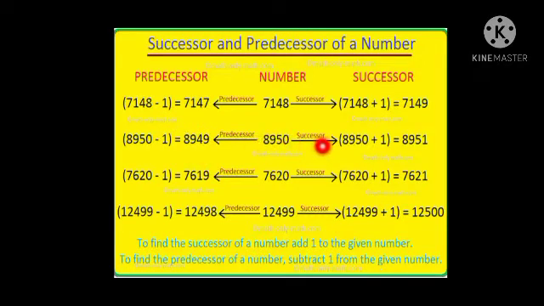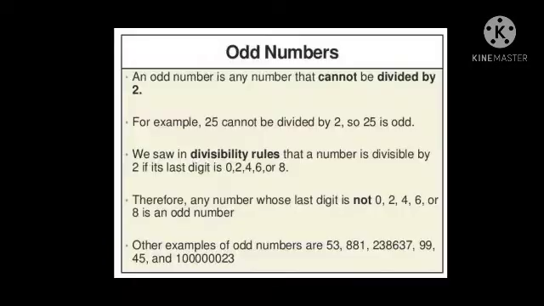And the successor is 8951. You have to add 1 to the given number. Like this, you have to find the predecessor and successor. Predecessor means you have to subtract 1 from the given number, and to find the successor, you have to add 1 to the given number.